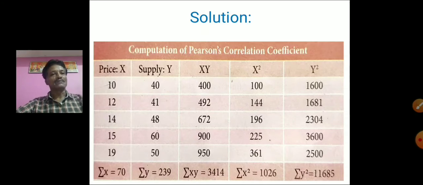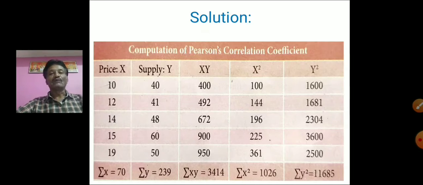Now you sum up all these values and it should be denoted by sigma y square, so that the total is equal to 11,685. So all the 5 values we have estimated. Sigma x is equal to 70 and sigma y equal to 239 and sigma xy equal to 3414 and sigma x square equal to 1026 and sigma y square equal to 11,685.